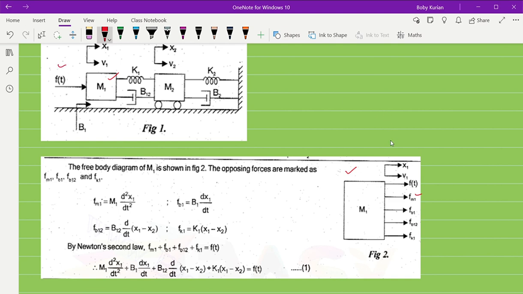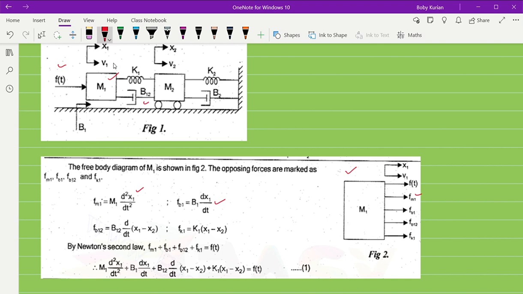So what is Fm1? Fm1 is m1 into d square x1 by dt square. You all know about it. Fb1 is b1 into dx1 by dt. Fb12 is b12 into d by dt of x1 minus x2.